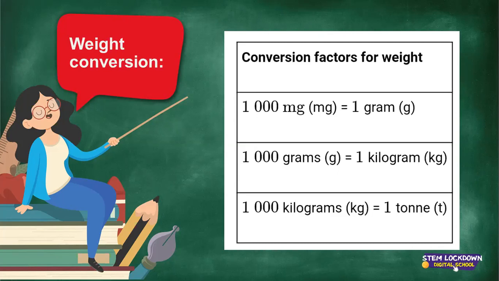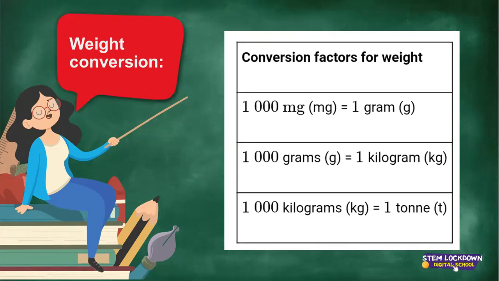So these are the conversion factors. The difference between a milligram and a gram is 1 gram equals 1,000 milligrams. Then 1,000 grams equals 1 kilogram, and 1,000 kilograms equals 1 ton. So the difference factor between all of them is 1,000.